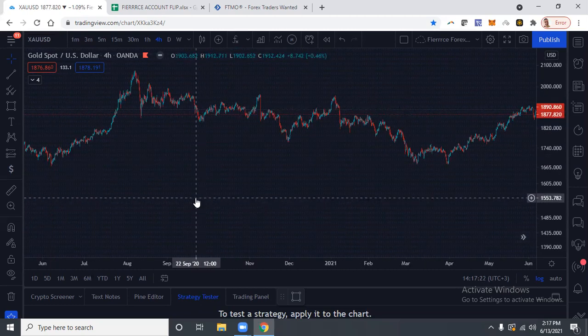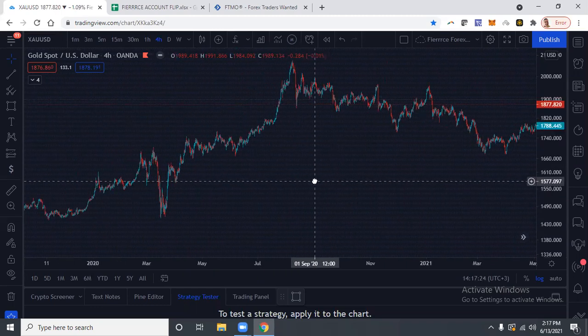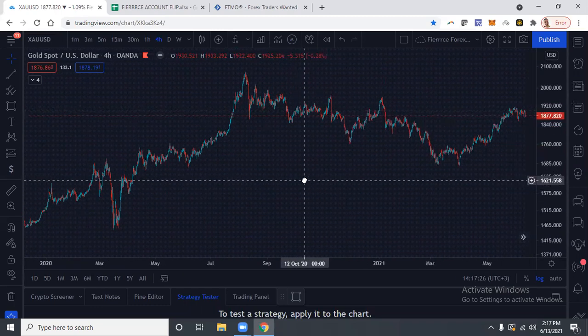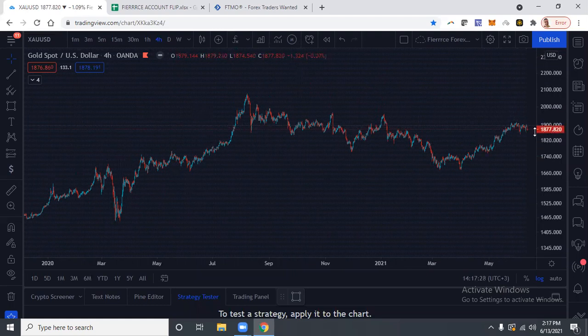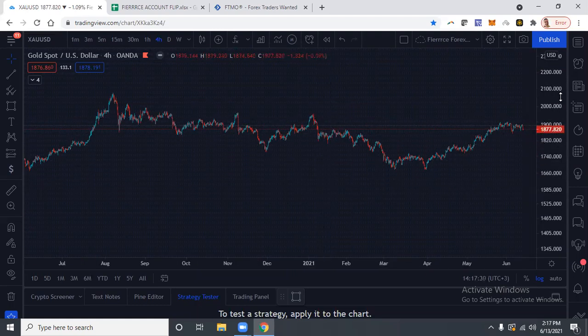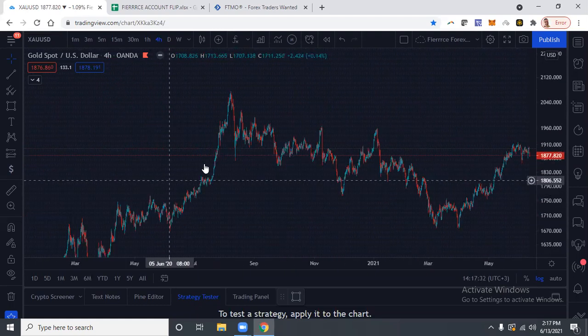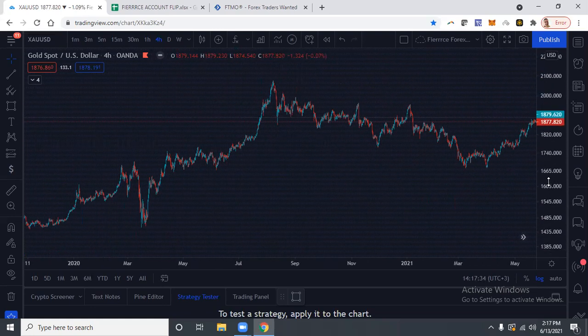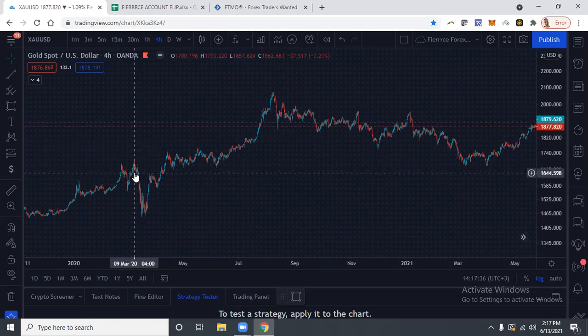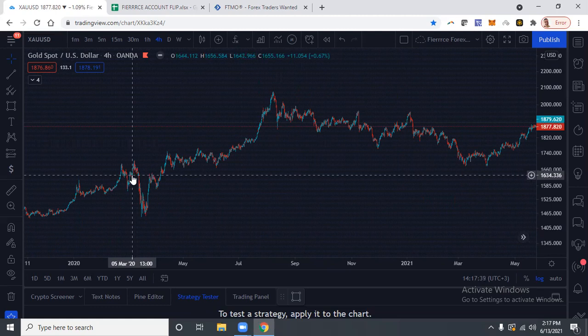So I'm looking at gold because I love to trade gold. I'm just going to backtest gold. Feel free to just watch, maybe you learn a thing or two. I'll backtest this for just the past one month because we're in June.